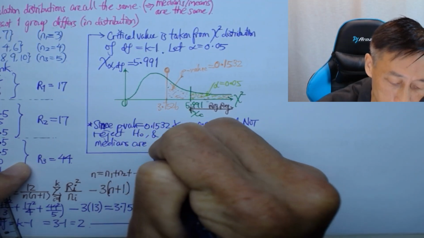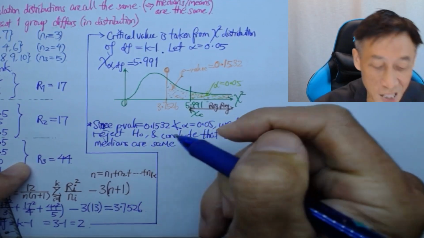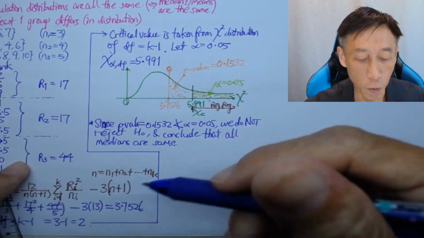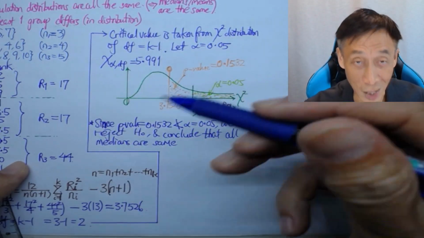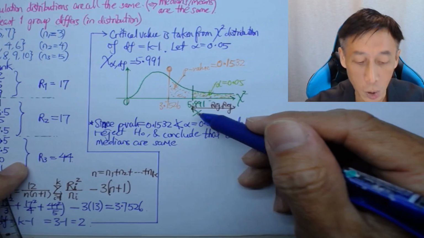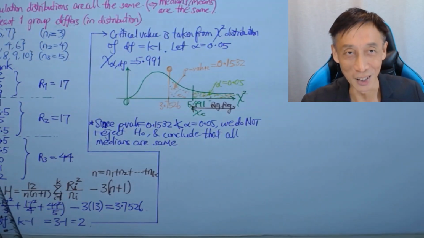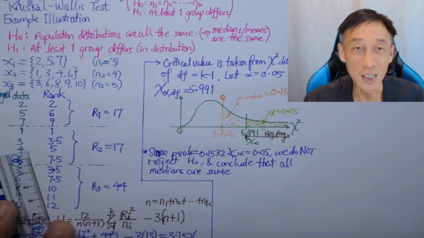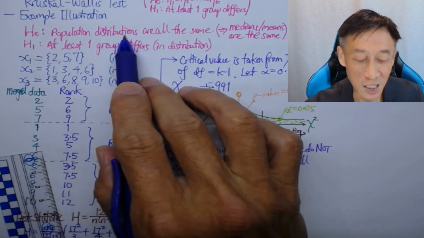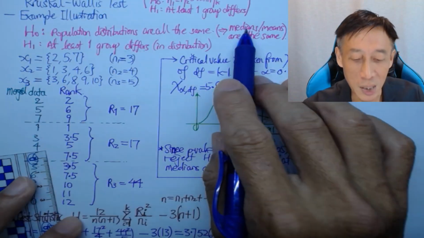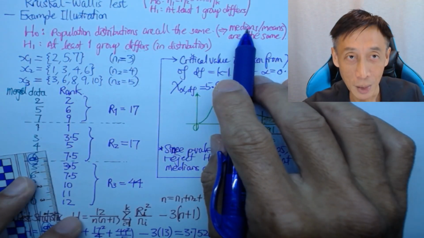because median is actually our point of dispute when we started off this discussion, this investigation, this calculation. So we are less interested in the shape. That means Kruskal-Wallis gives us a conclusion that is even more than what we want. All we want is that the medians are the same, right?